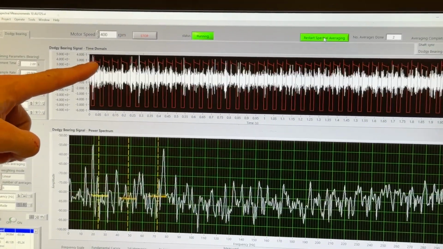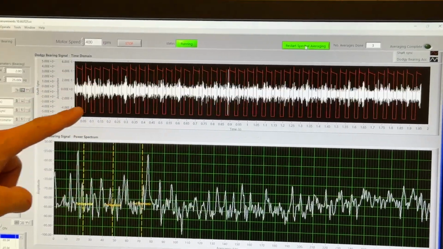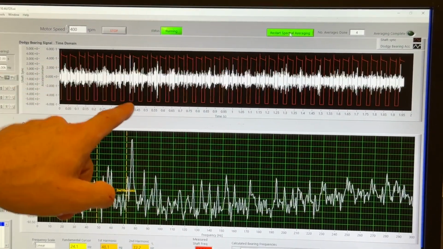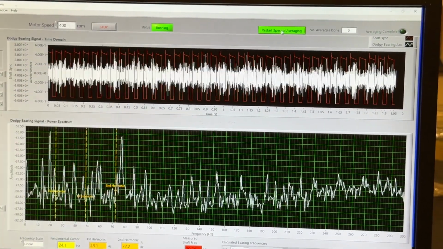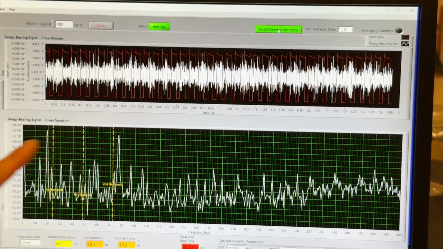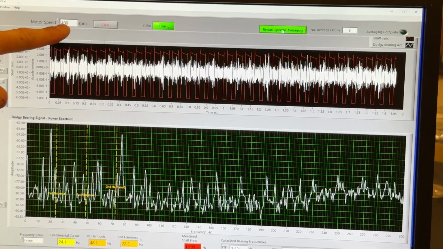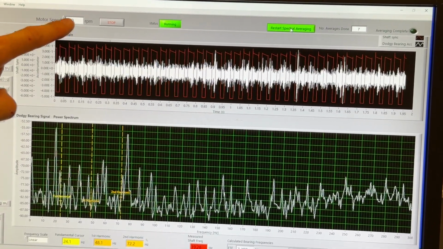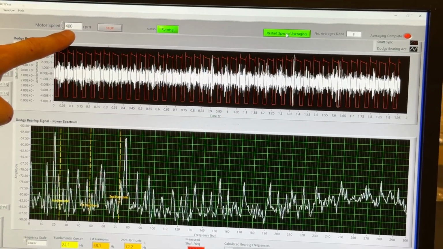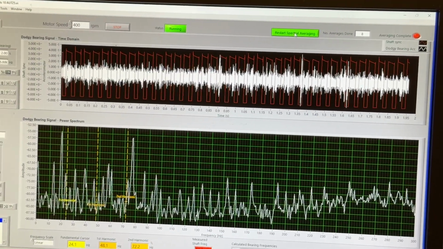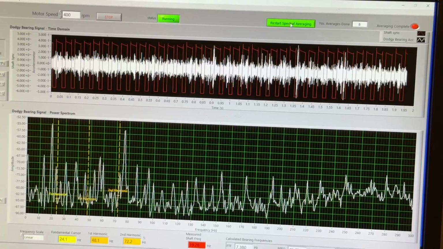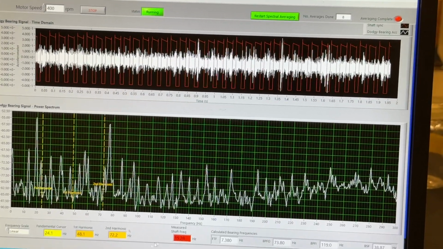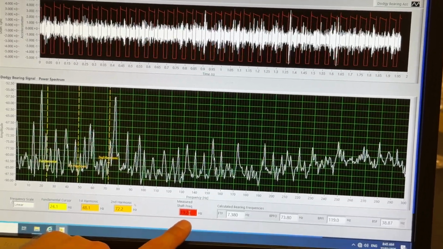So on this trace we have in the time domain the tacho pulse train from the tachometer, the red curve, so we get high, low, each time the piece of tape passes. That allows us to extract a measurement of the actual RPM. Remember, this is the motor speed, which is 400 RPM, but the shaft that's got the dodgy bearing on is rotating at 1160 RPM, and that is equivalent to 19.3 Hertz.